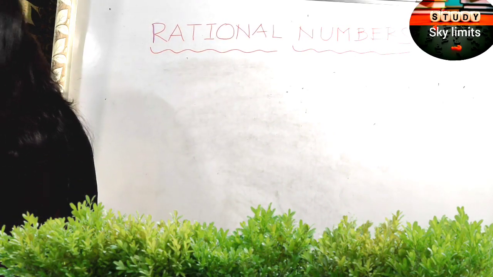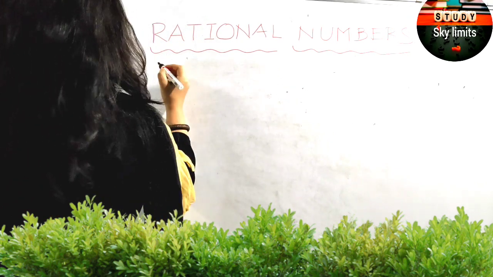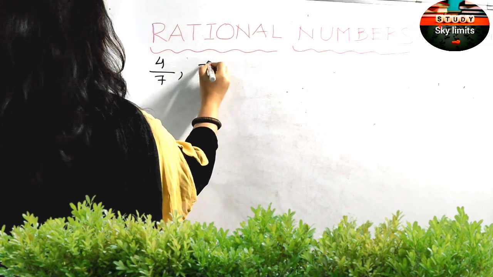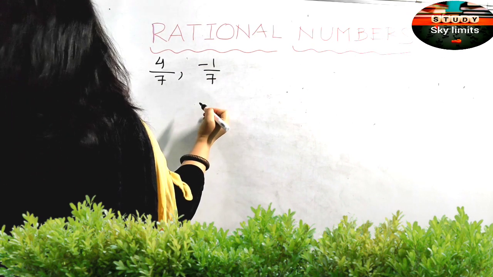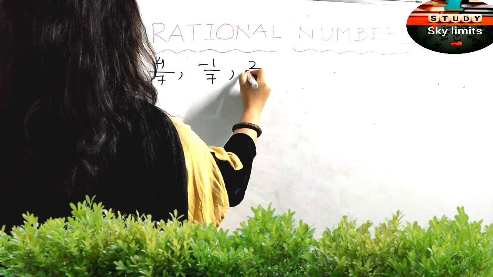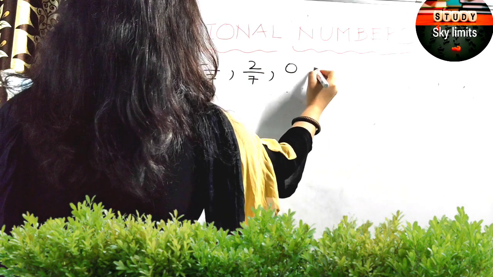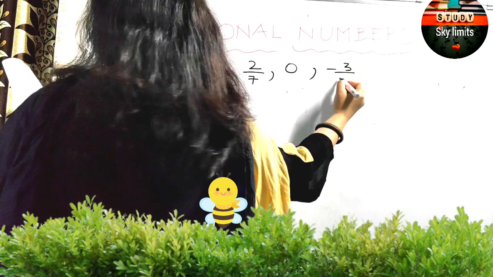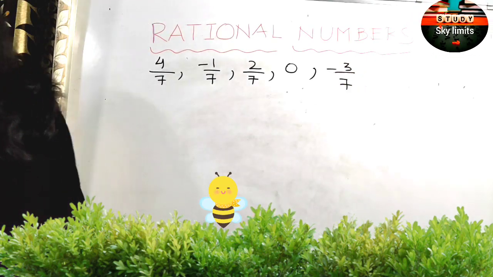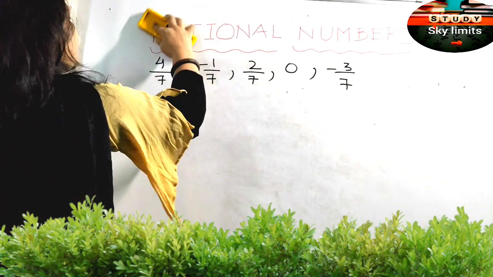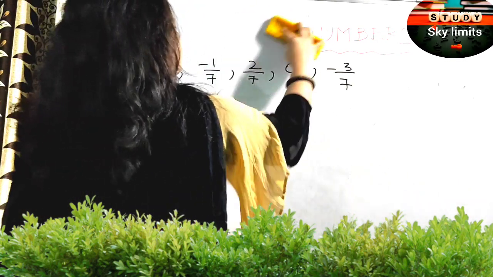Suppose 4 by 7, minus 1 by 7, 2 by 7, 0, minus 3 by 7. Okay? And you are asked to graph the rational numbers.